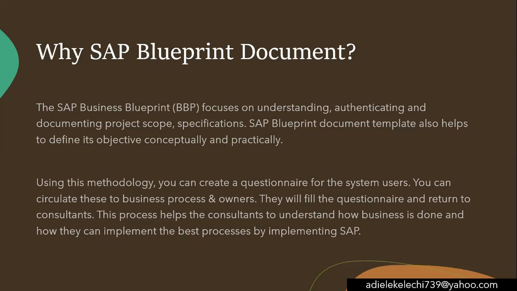So this is basically explaining the methodology by which the business blueprint document is administered. One of the methodologies is the questionnaire. During the preparatory phase, a way of getting information from the client is to administer questionnaires.